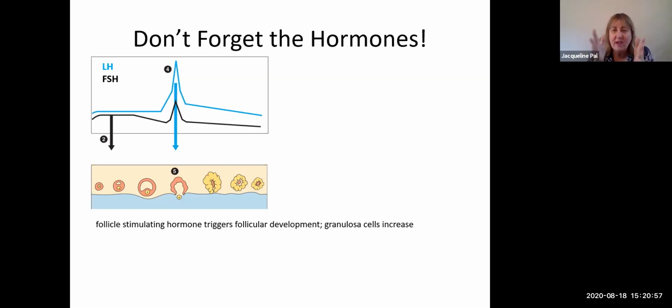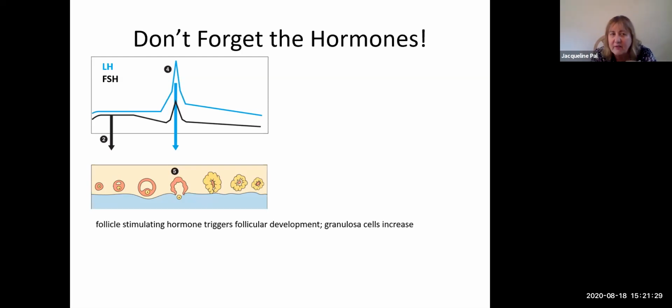When a female's estrogen level hits her set point, and my set point is slightly different than yours or my daughter's, my sister's, my mom's, we're all slightly different, but when it hits my set point, that triggers this huge LH surge. And guess what this LH surge triggers? Ovulation, after which the corpus luteum becomes the dominant follicle.